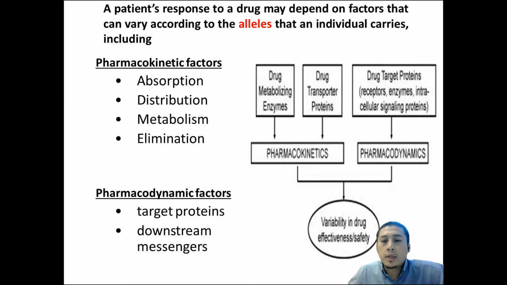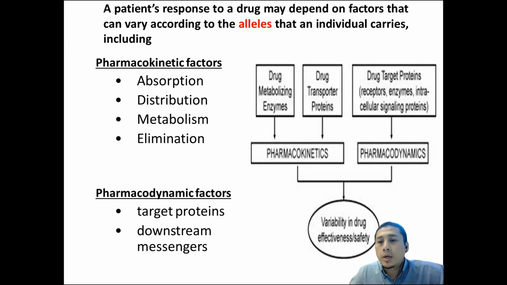In pharmacokinetics, you have drug-metabolizing enzymes, for example, cytochrome P450 that resides in your liver, and also drug transporter proteins, for example, transporter protein OATP that secretes the metabolites in your liver into the bile. All the variation in these enzymes and proteins can lead to variability in drug effectiveness and also safety. That is under pharmacokinetics.